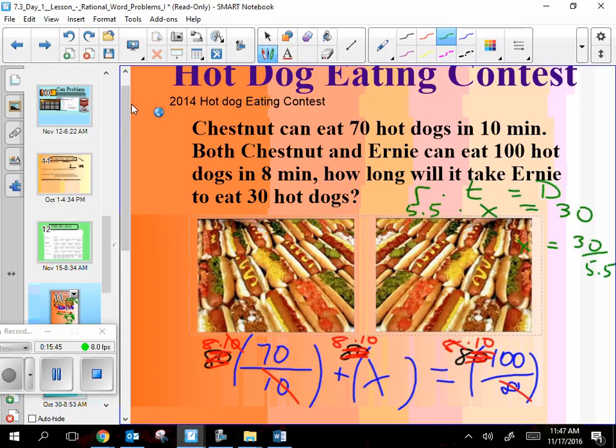Now that you can use a calculator for, and the calcs are going to be allowed in this next test, so once you grab your graphing calculator, take it out, you're going to be able to use calcs. So I know we could have solved it that other way, but grab a calc, and what is 30 divided by 5.5? I think it's close to 5.5 again. 5 point something.